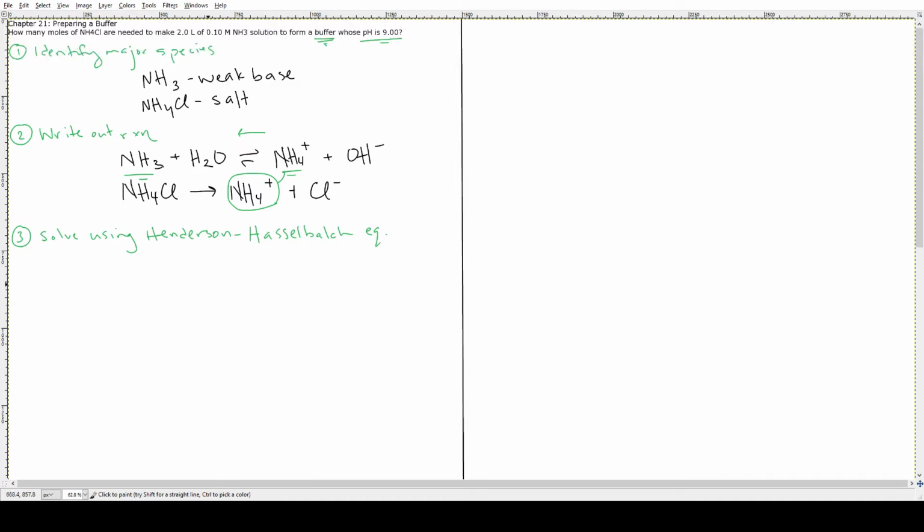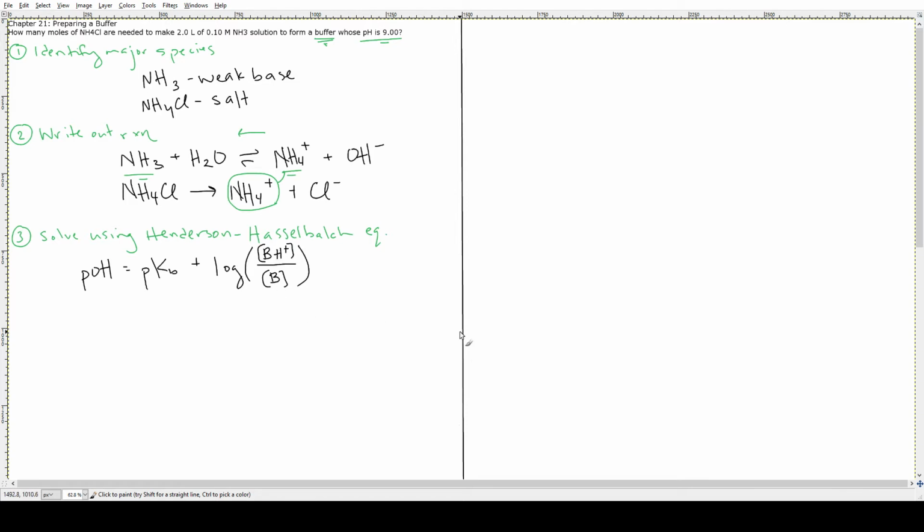So this equation, we are working with bases, so I'm going to write the base version of this equation, which is pOH is equal to pKb plus the log of the ion over the original substance concentration. This equation also works if you're just using moles, if you need to. So you could think of this as the salt over the weak base.